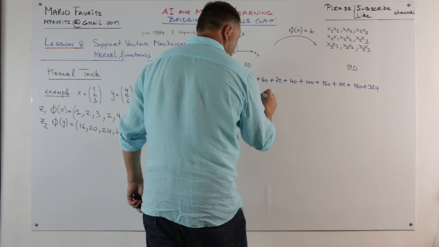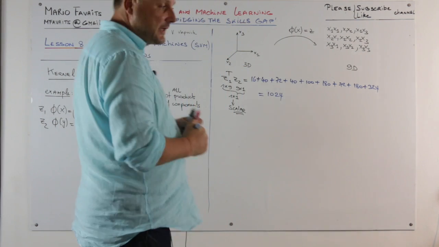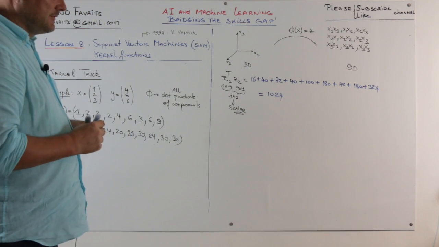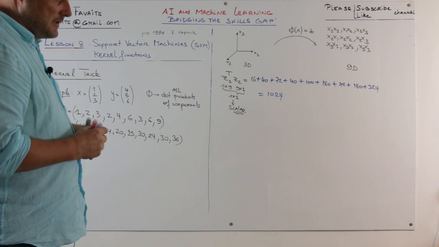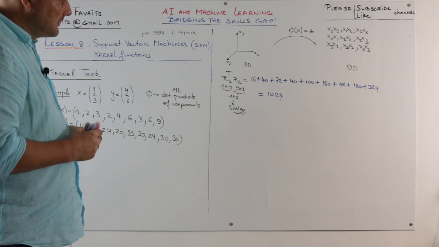And this is equal to 1024. You can do the calculation, but that is what it gives you in terms of dot product.